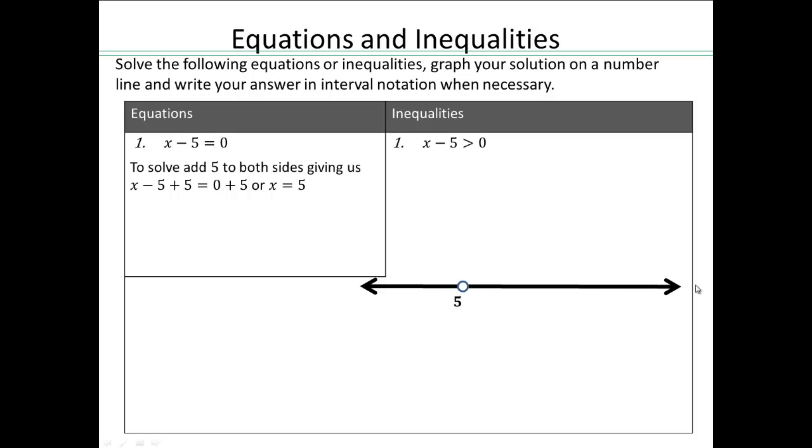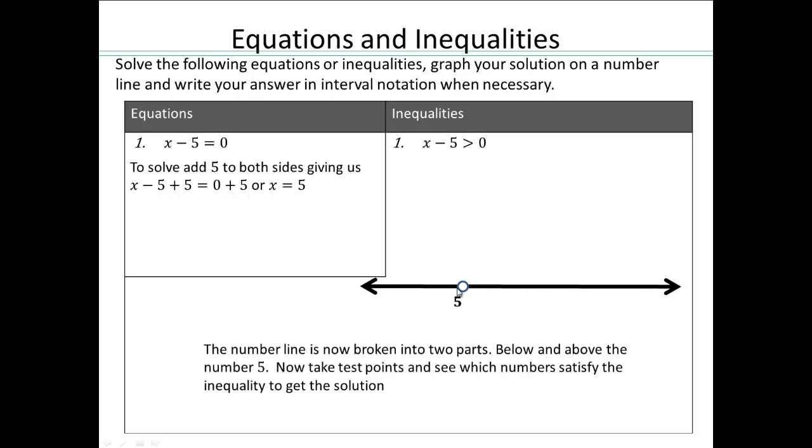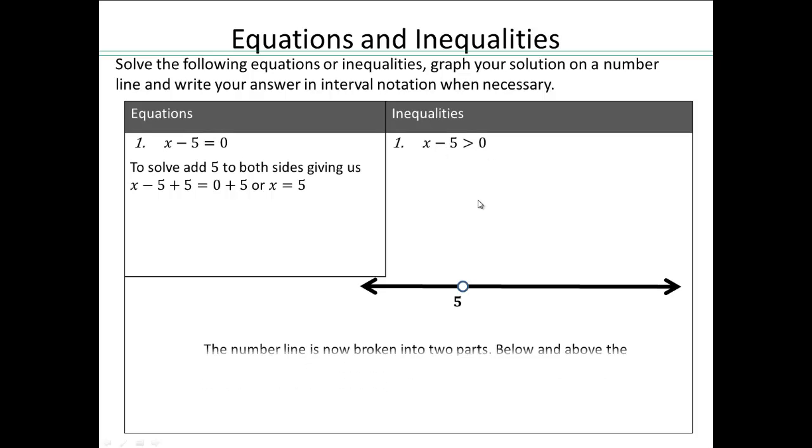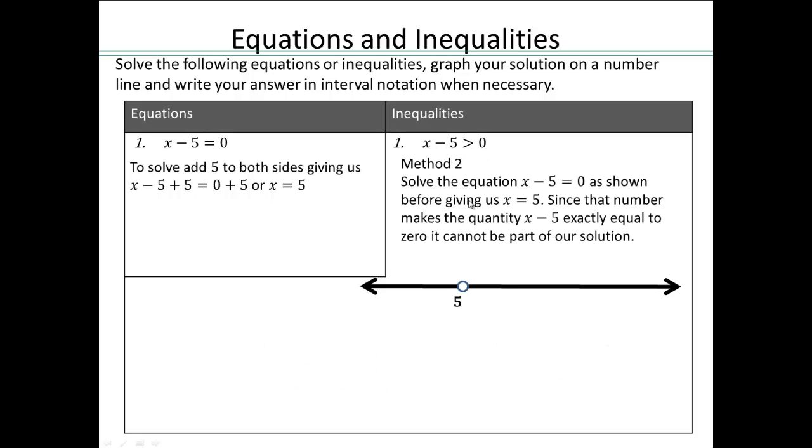When you look at this number line, this 5 is right now dividing the number line into two parts, below 5 and above 5. The only point that makes it exactly 0 is the 5, so we have to exclude that for our particular inequality. For the second method, instead of solving the inequality, you solve the equivalent equality.